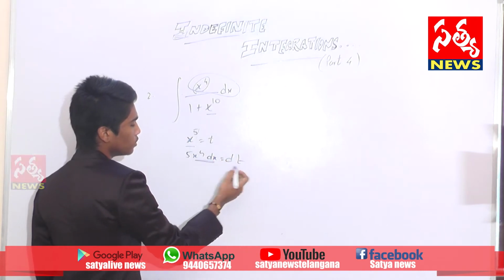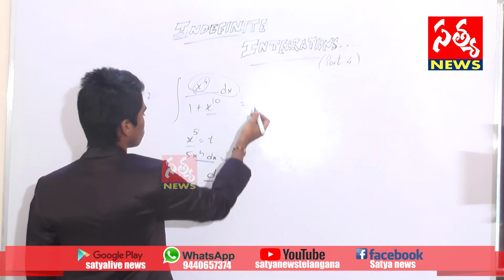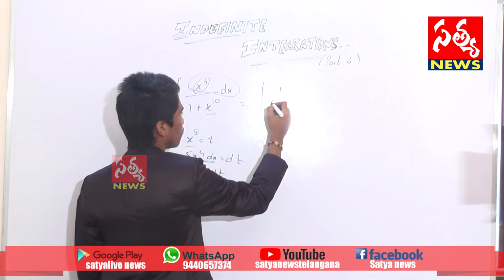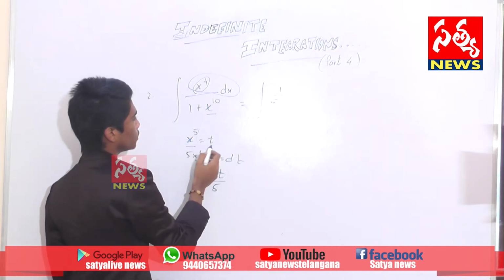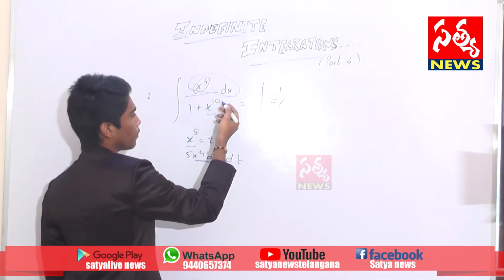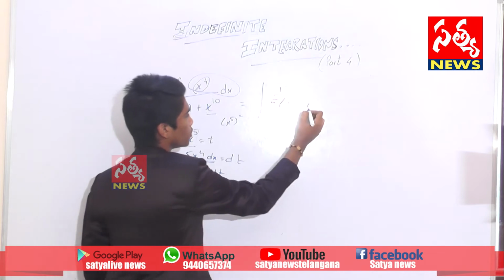So in place of this, we should write dt by 5. So the integral part becomes 1 by 5, where x power 5 is t. So here 1 plus x power 10 can be written as x power 5 whole square, which is t square.